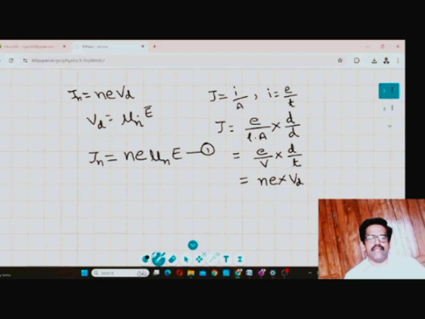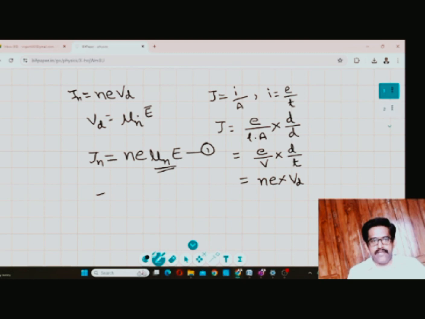Here Jn represents the drift current density for the n-type semiconductor, e is the electron charge, n is the concentration of electrons per volume, mu n is the mobility, and E is the applied electric field. This mobility is also known as the coefficient of drift current.